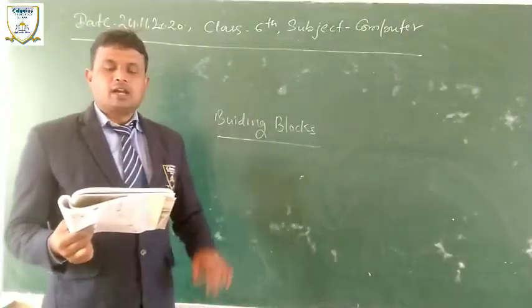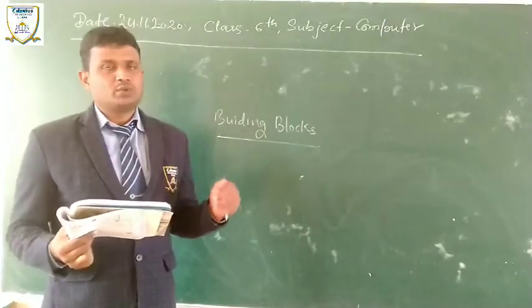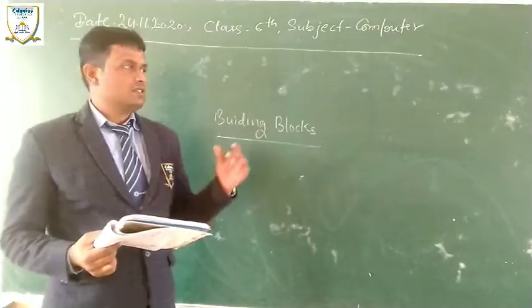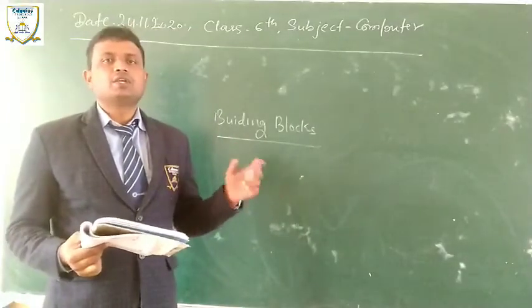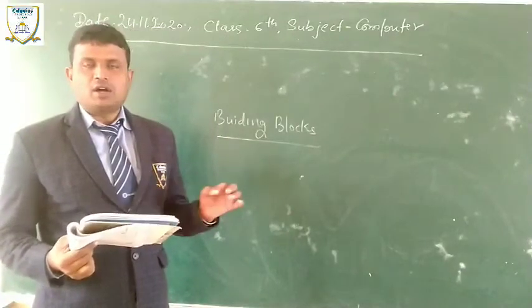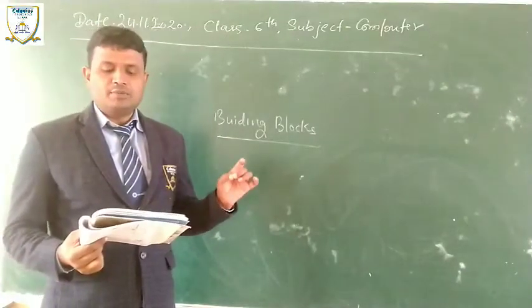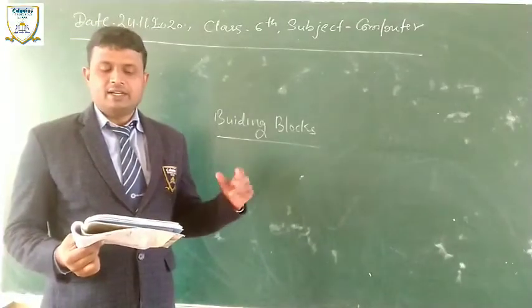Building blocks are reusable objects in Publisher 2013. Is this statement clear? The building blocks are reusable objects. These building blocks can be a combination of text, graphics, shapes and other building blocks.